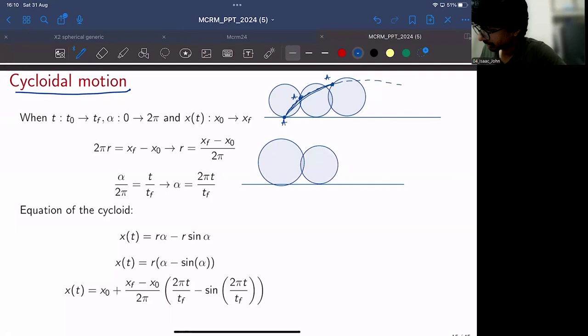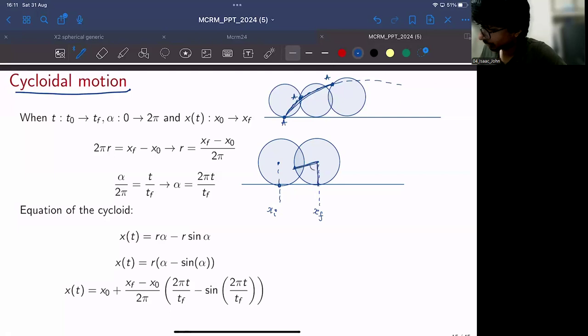if I consider this to be the initial position xi, and this to be the final position xf, and this was the initial angle, and at some other time it reaches this point.